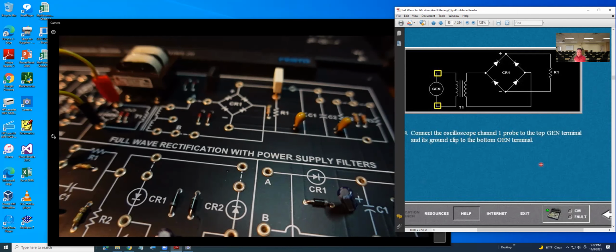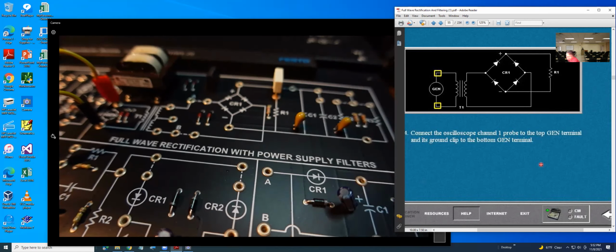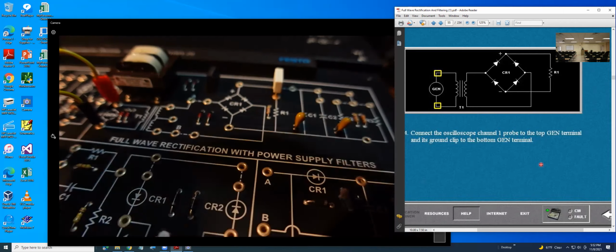Basically that is the output of the generator, which will be connected to here.